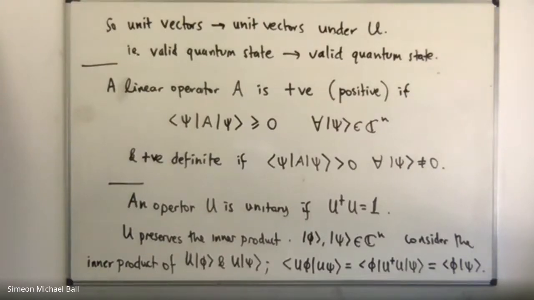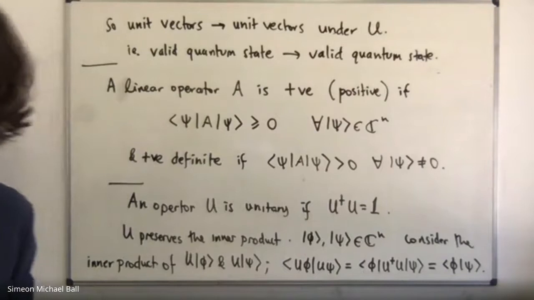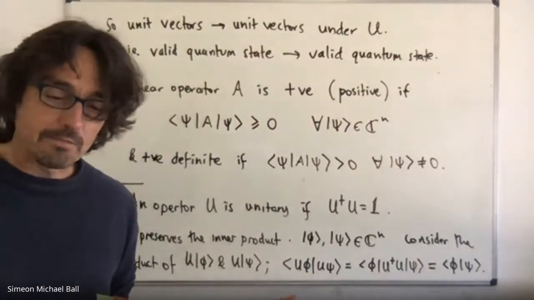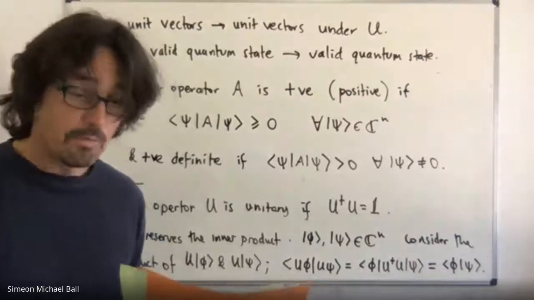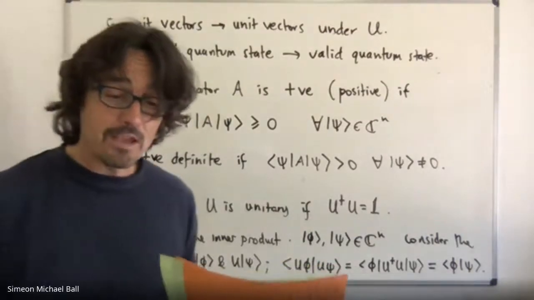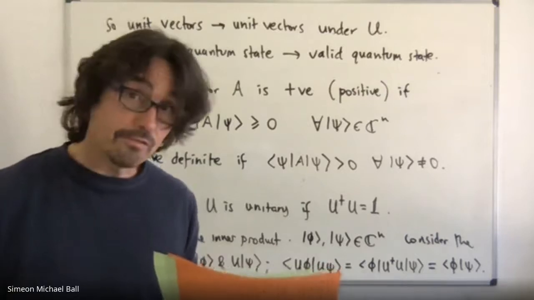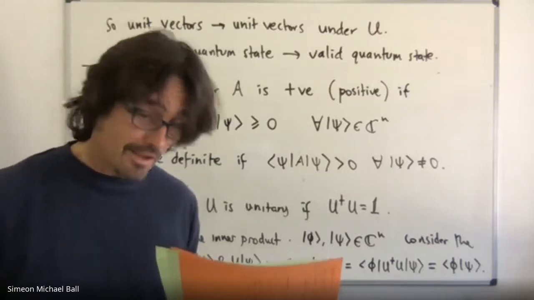Now, it's not exactly immediate, and therefore I left it as an exercise to prove the following 3 statements, which I shall now say, and then it will be exercise 1. A projector is necessarily positive. A positive operator is necessarily Hermitian.